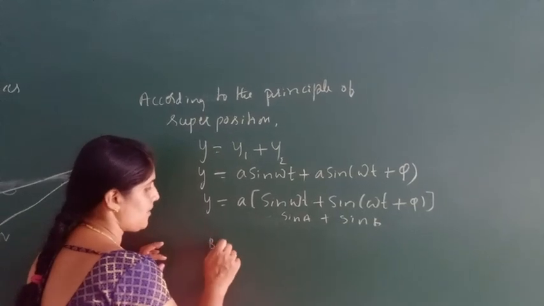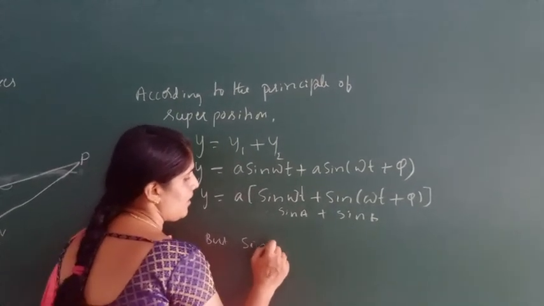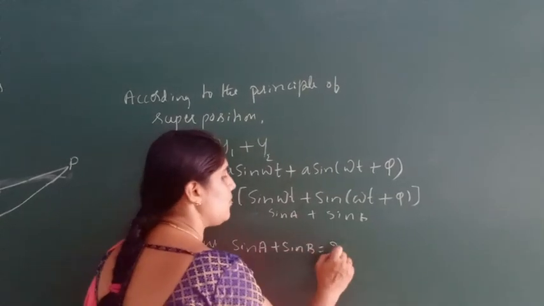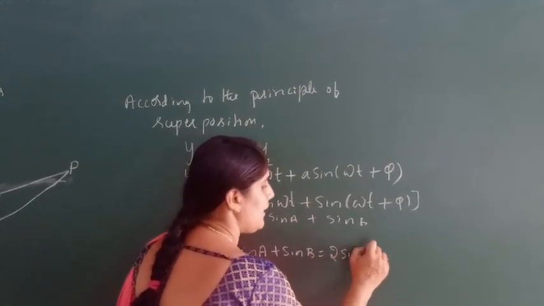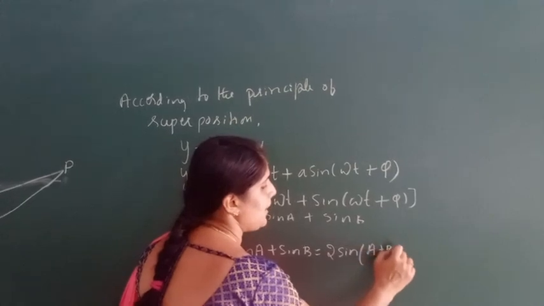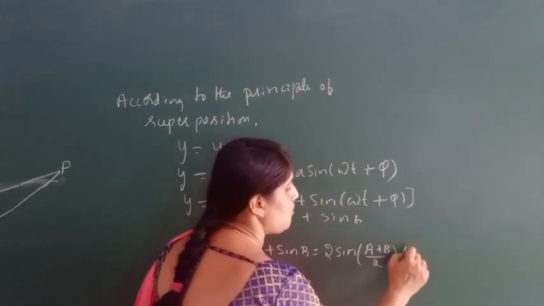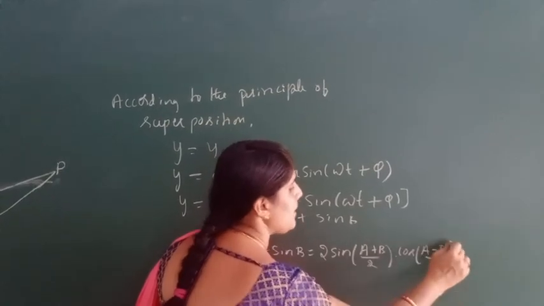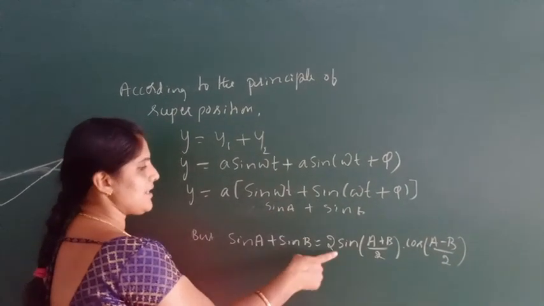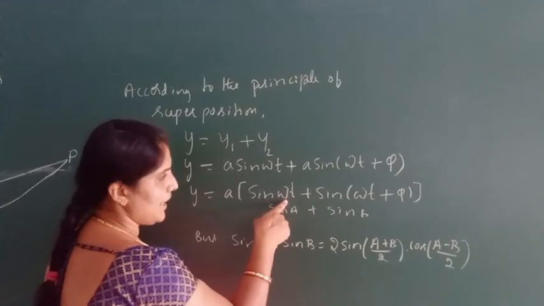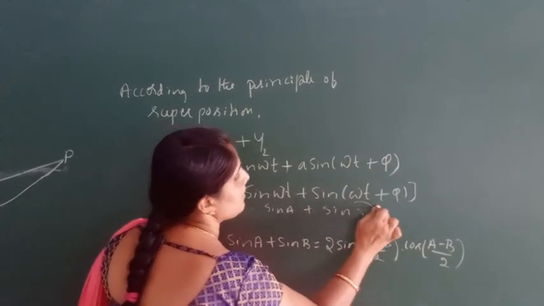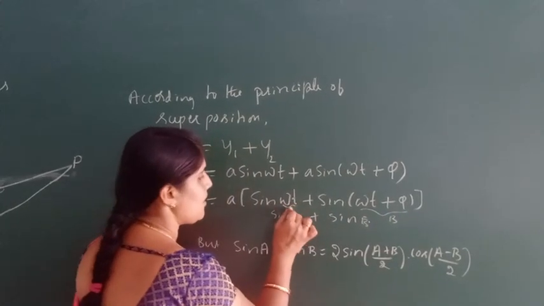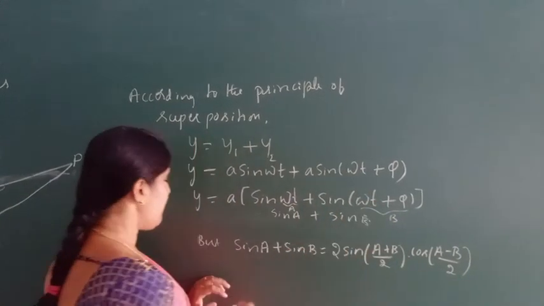But sin A plus sin B can be written as 2 sin of A plus B by 2 into cos of A minus B by 2. Apply this formula: A is omega t, and B is omega t plus phi.